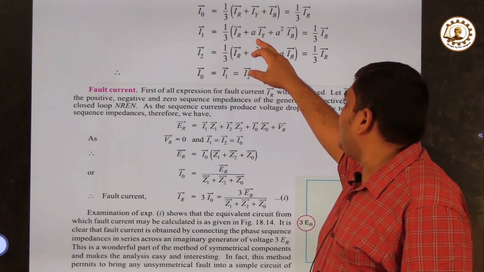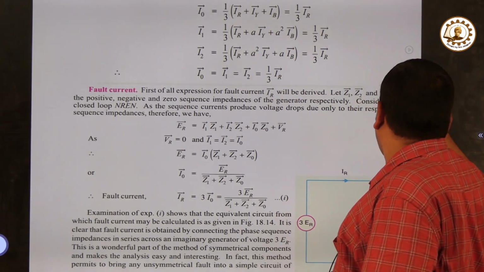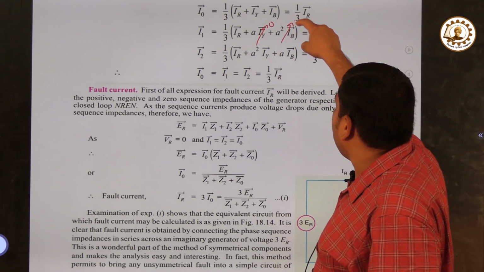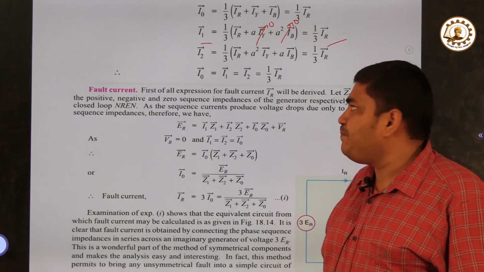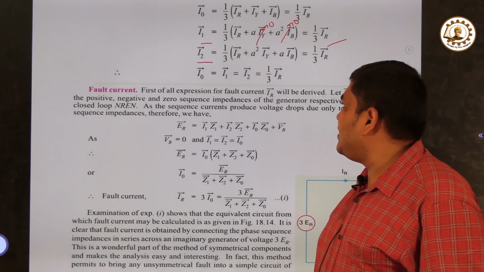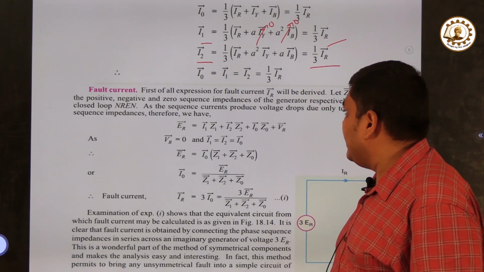These two portions, IY and IB, are zero. So I1 is 1/3 of IR. Similarly, I2, the negative phase sequence component of the current, is also 1/3 of IR.